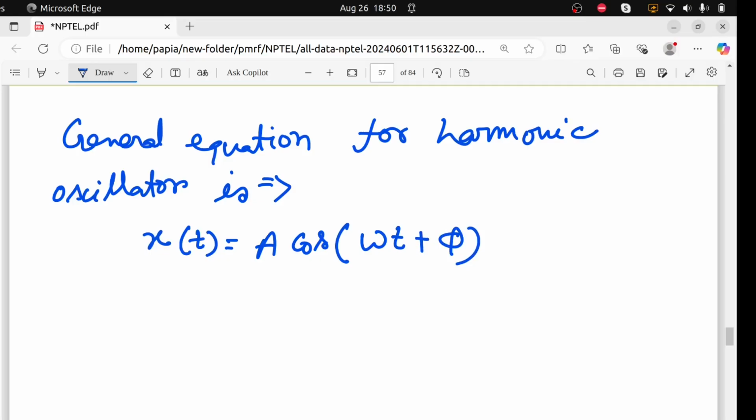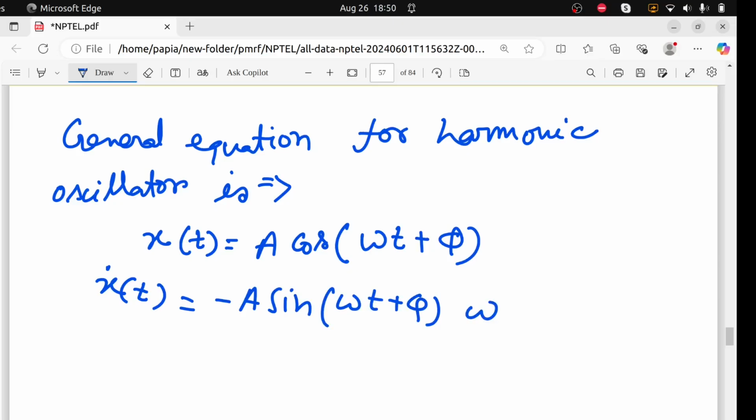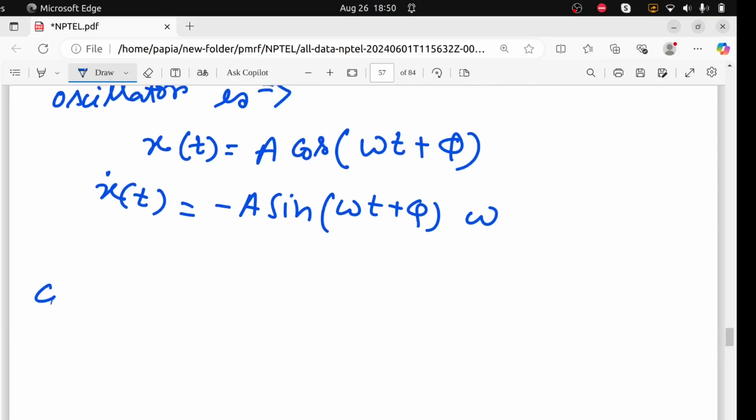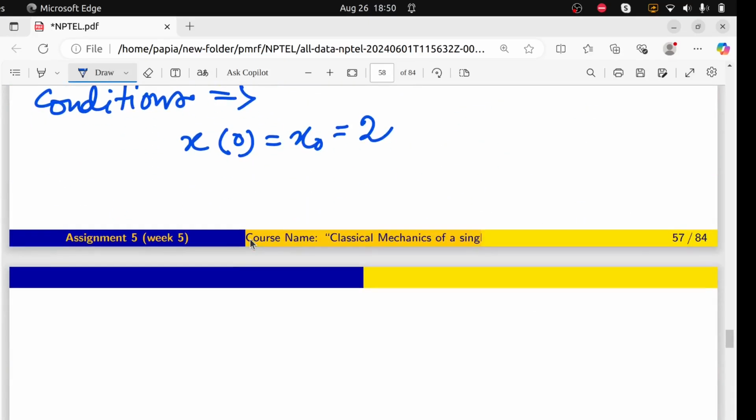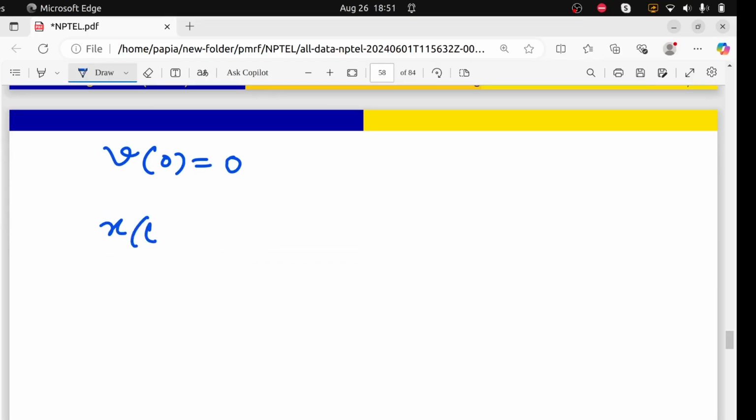So now if I write x dot t, it is like that, times omega. Now the conditions are x0 equals 2, and v0 is 0. So we had this.